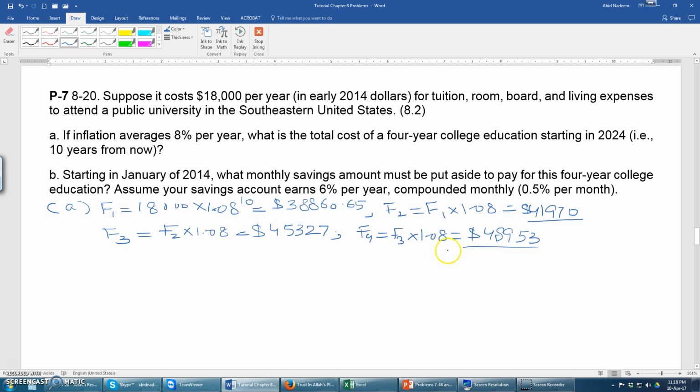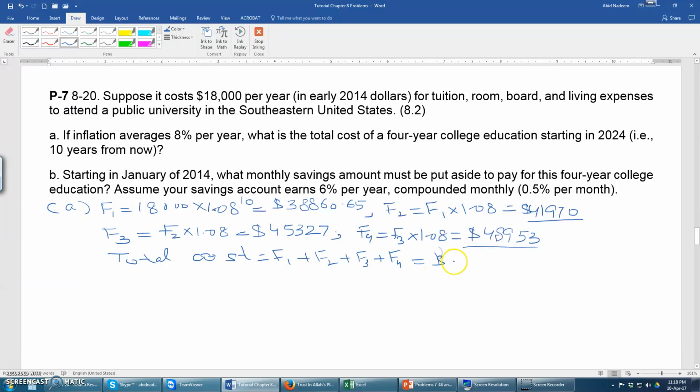It is asked what is the total cost of a 4-year college education. For this, the total cost is the sum of all these 4 costs, although these are the undiscounted values. So the total cost will be equal to F1 plus F2 plus F3 plus F4.